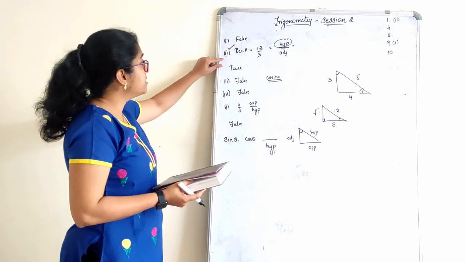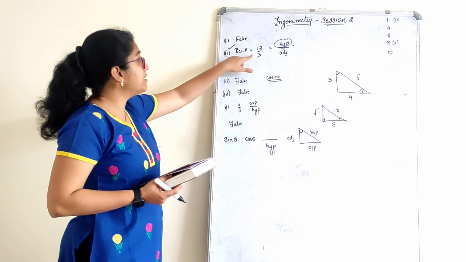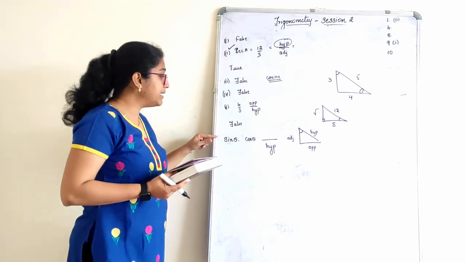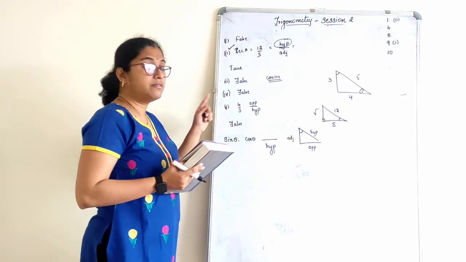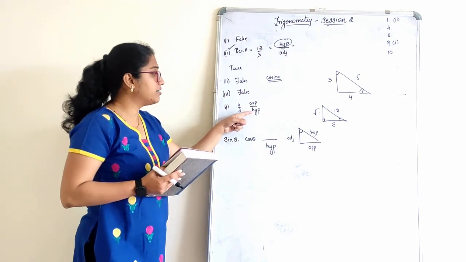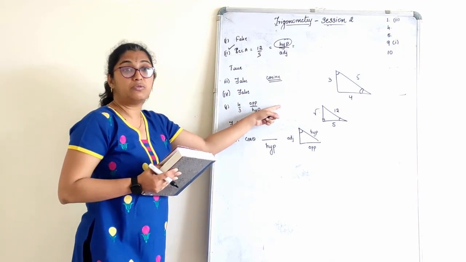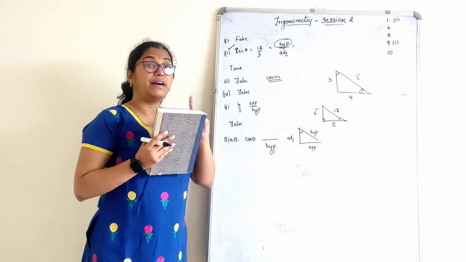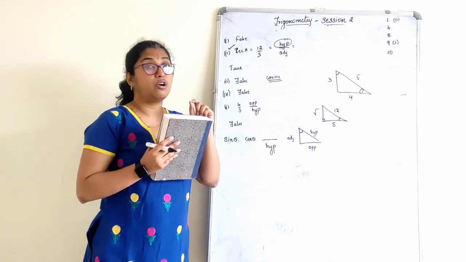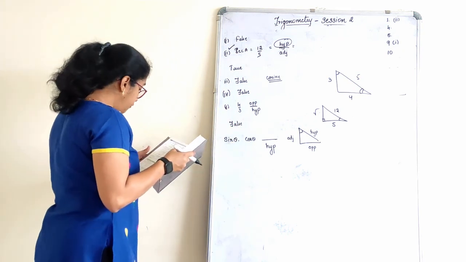Why is this true and this false? When you say this is true, we can have 3, 4 and some other value. But when you divide here, you can't get a value more than 1. Yesterday in the note I gave, the value of sin theta and cos theta is always less than 1. Remember that. With that respect, it is false.